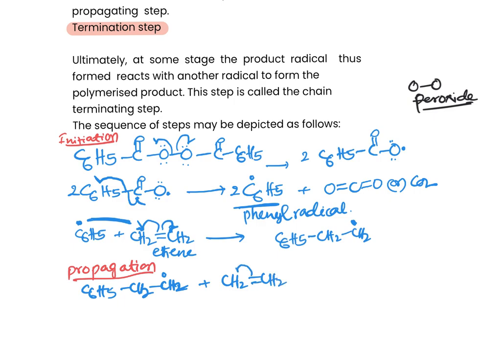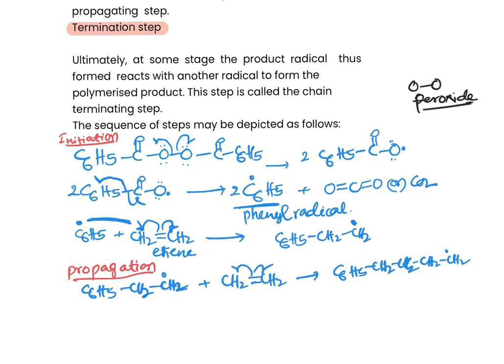Then this pi bond undergoes homolytic cleavage and gives C6H5CH2CH2, already 2 carbons, and next CH2CH2, total 4 carbons, and a free radical.